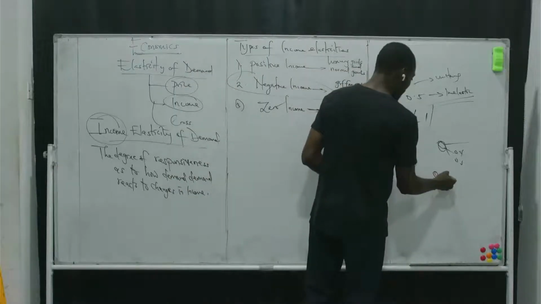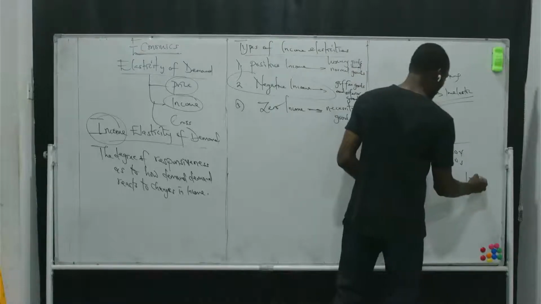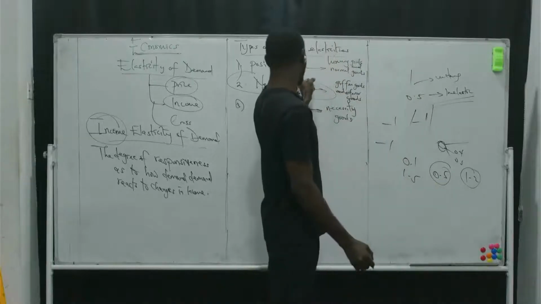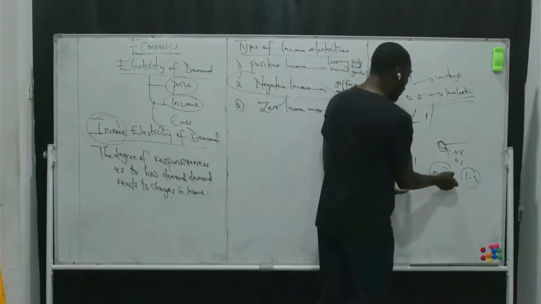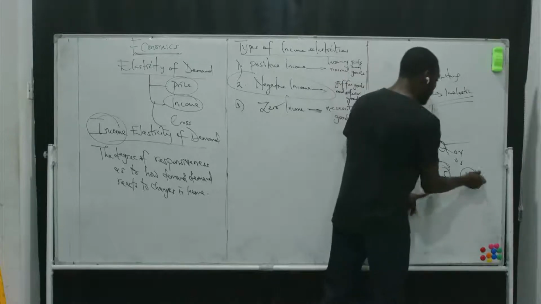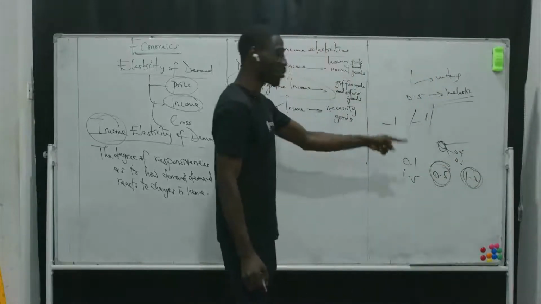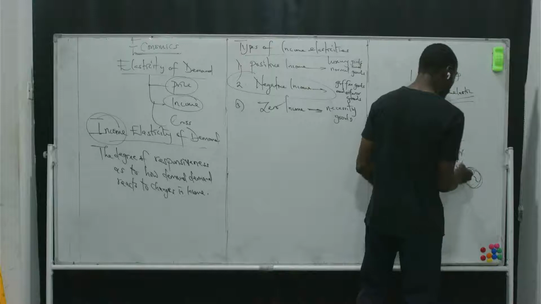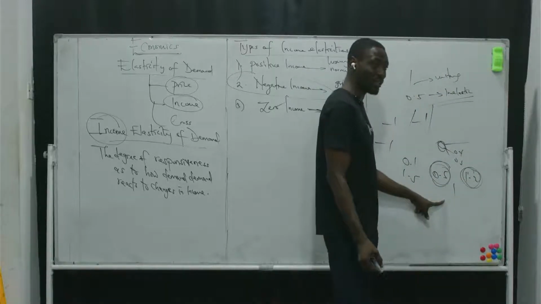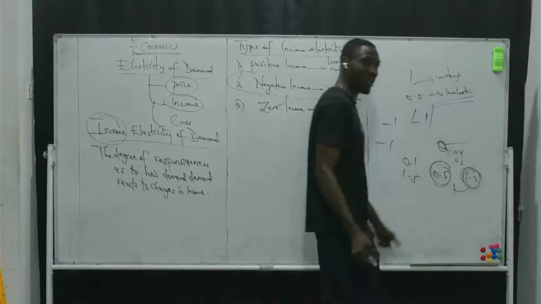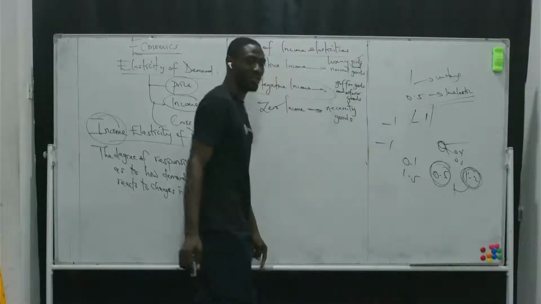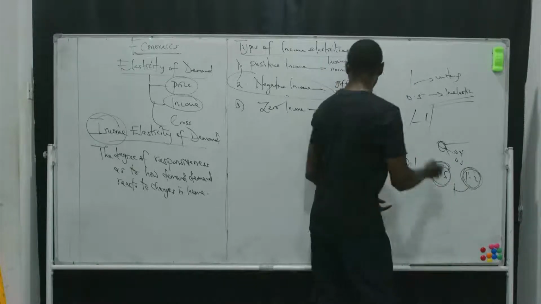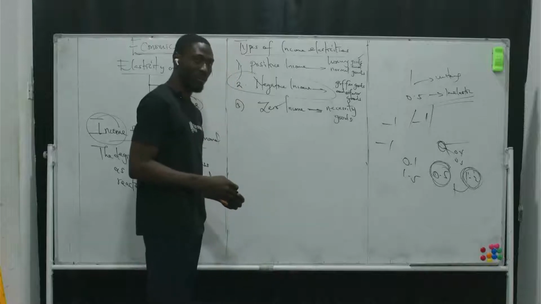If I say 0.5 and I say 1.2, in economics, especially when it comes to positive income elasticity, a good that has 0.5 is different from a good that has 1.2, though both of them are positive. We say any good that is above 1, 1 being the unitary point, we call it a luxury good. And any good that is below 1 but still positive will be a normal good.